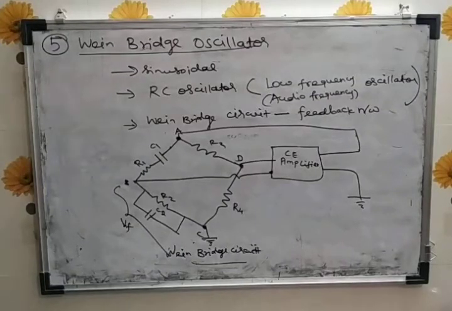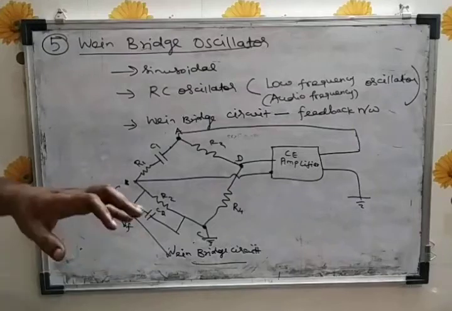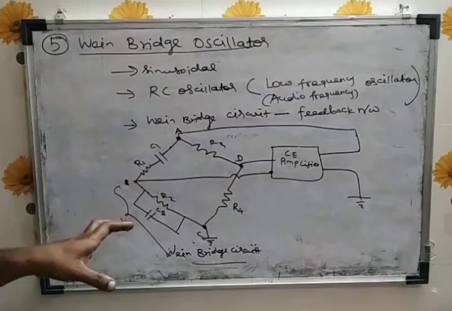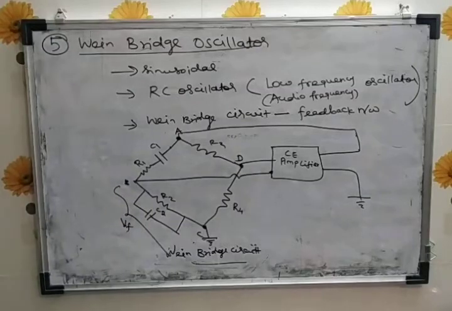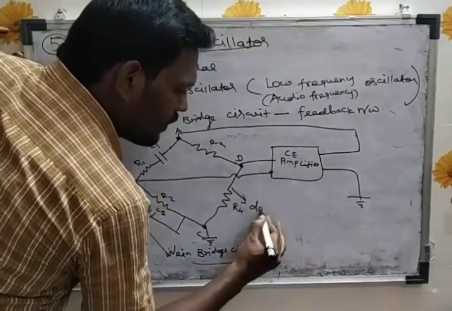For sustained oscillation, the oscillator should satisfy the Barkhausen criterion. The product of open loop gain and feedback factor is unity. Another condition: A beta must be 1. In the previous circuit, the feedback network produces 180 degree phase shift and the CE amplifier produces 180 degree phase shift, so the total phase shift is 360 degree. Unfortunately, in the Wien-Bridge oscillator, the Wien-Bridge circuit does not provide any phase shift.